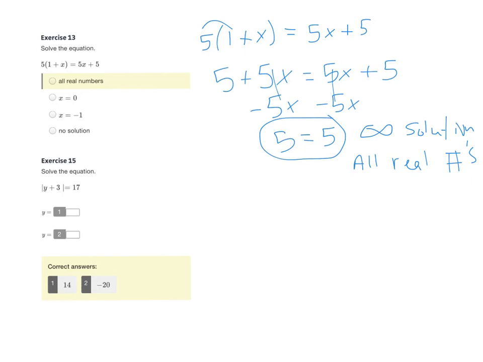You get something, your variables disappear, and you get something that's true. It's all real numbers or infinite solutions. Your exponents or your variables disappear, and you're left with something that doesn't make sense like this, that's no solution. Okay? So that is 15. No, 13. Let's take a look at 15.